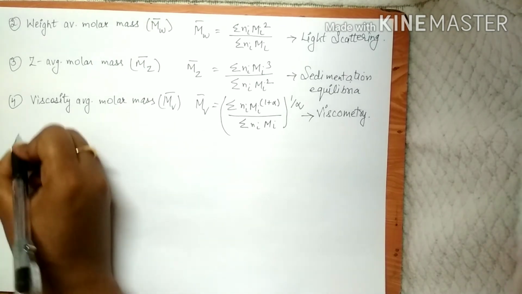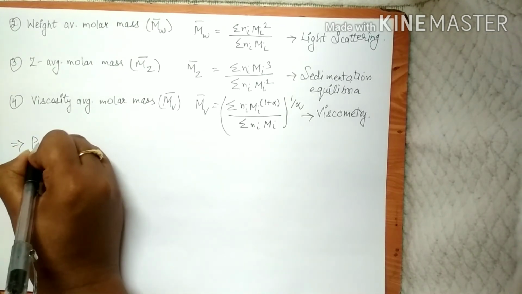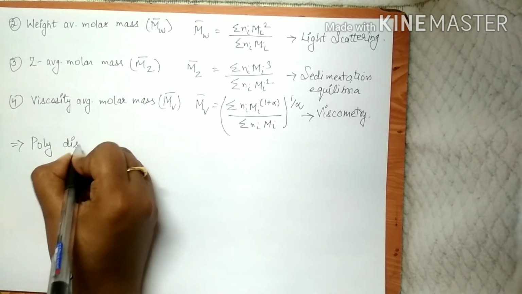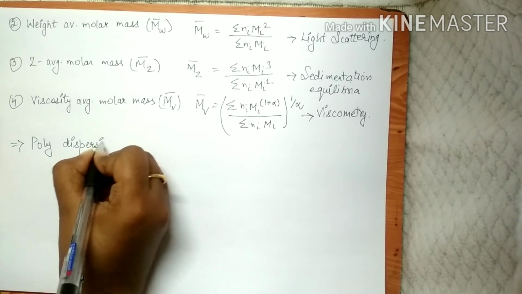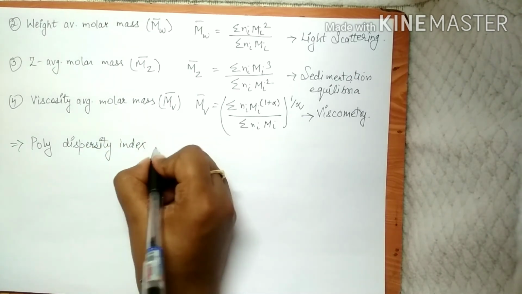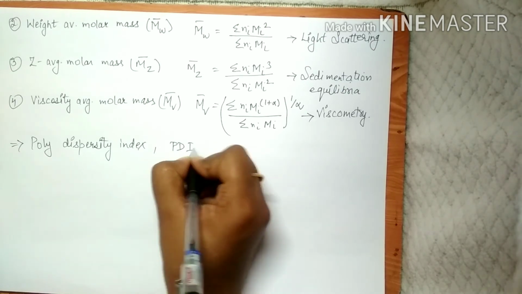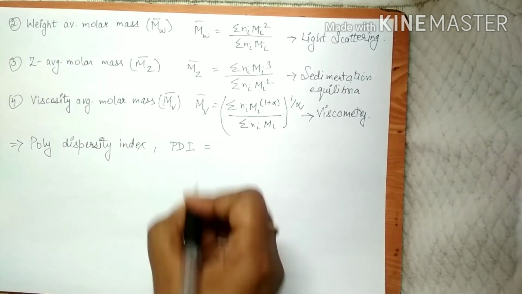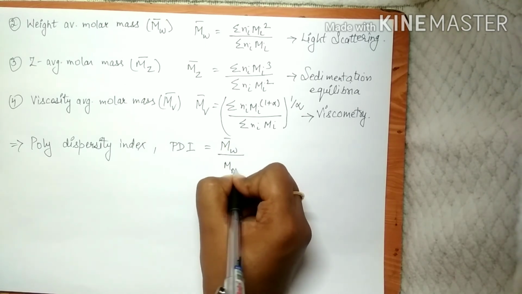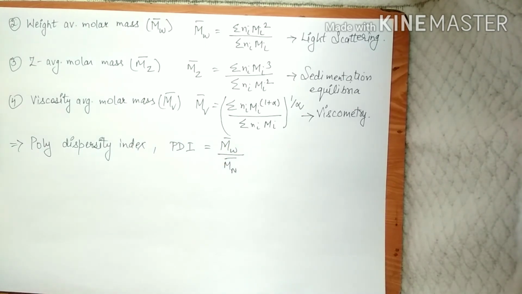So now we are going to study about the polydispersity index, or you can call it PDI. The formula for it is PDI is equals to Mw bar upon Mn bar. Okay, so now we know the formulas of Mw bar and Mn bar.